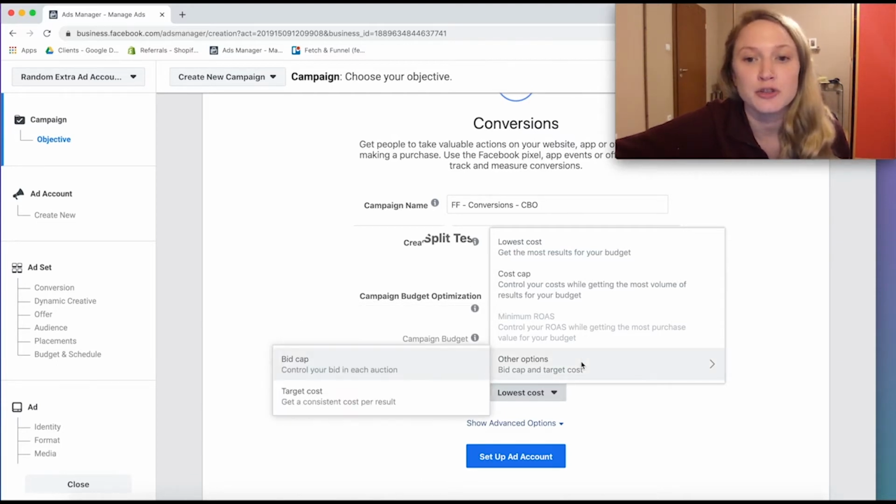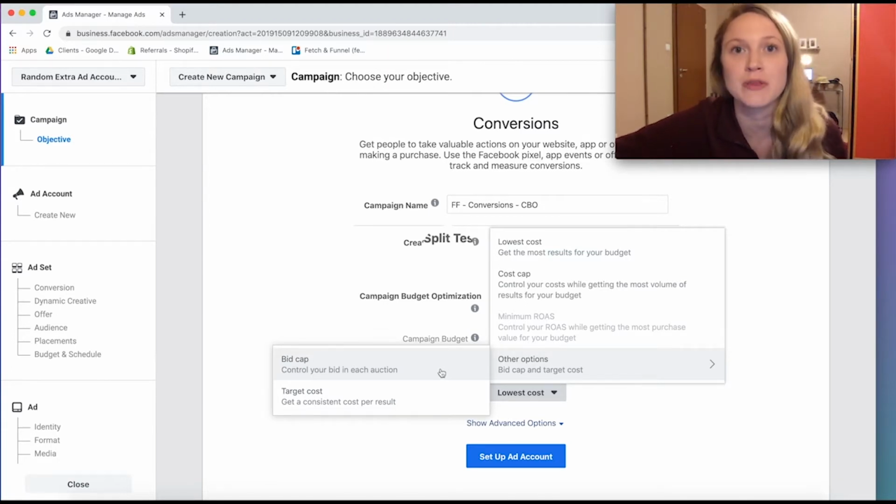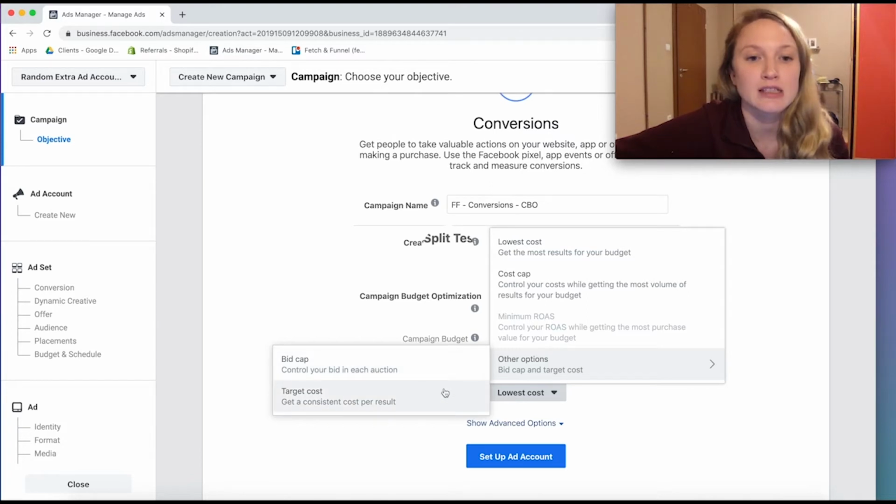Now, your other two options for bid strategy are a bid cap. Bid cap is a little different from cost cap, because bid cap actually controls the cost of your bid in the auction, so not necessarily the result, but the bid. And the last option is target cost.